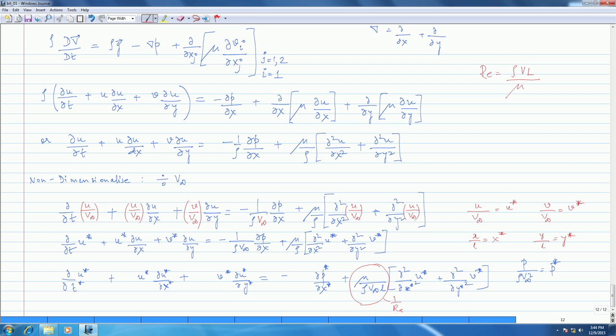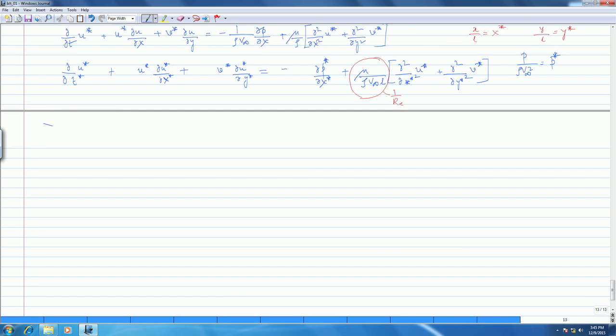So, having said that, let me therefore write down this equation finally. Basically we are going from there to here.